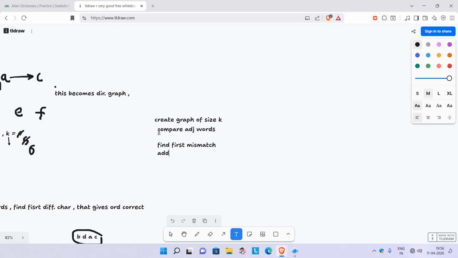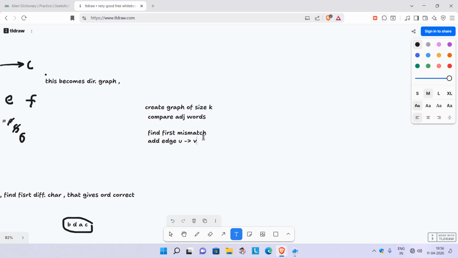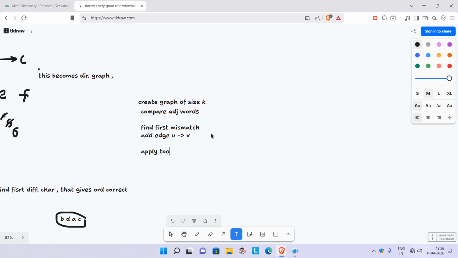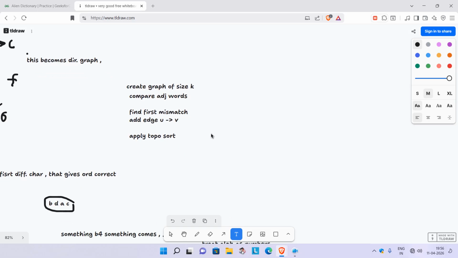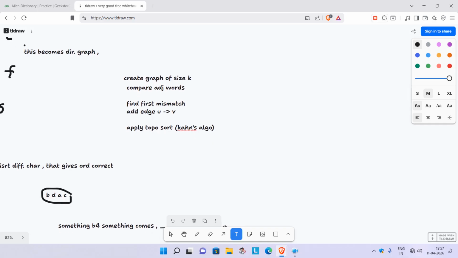So we add an edge saying U comes before V. This is done by using topo sort, so simply apply topo sort there. We can use any topo sort, here we can use Kahn's algorithm, which is nothing but topo sort using BFS.